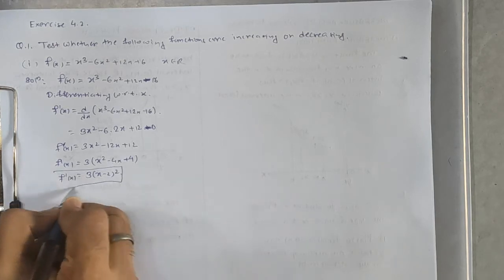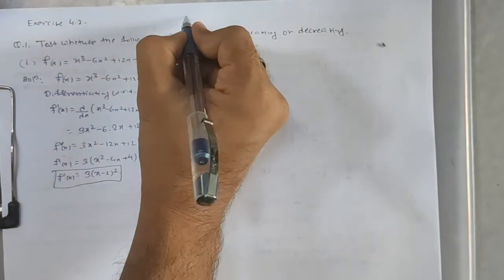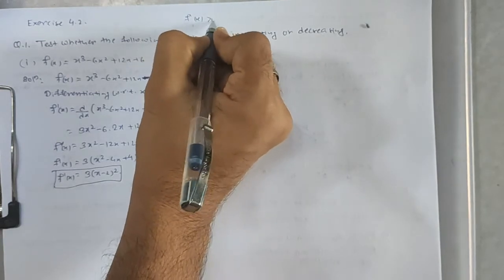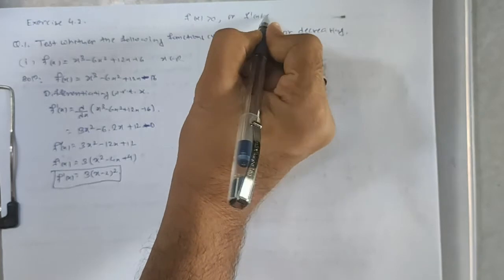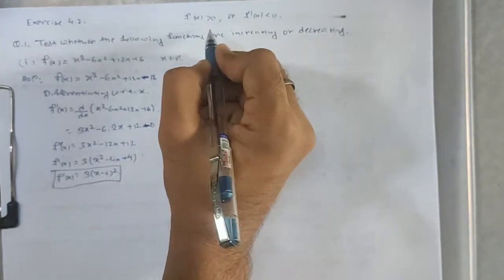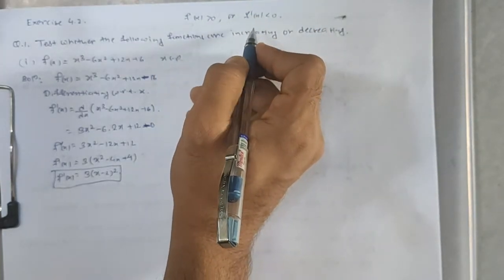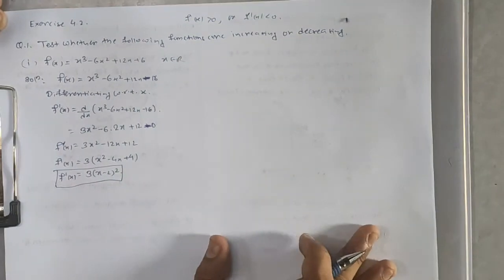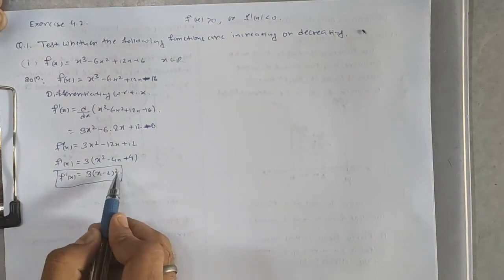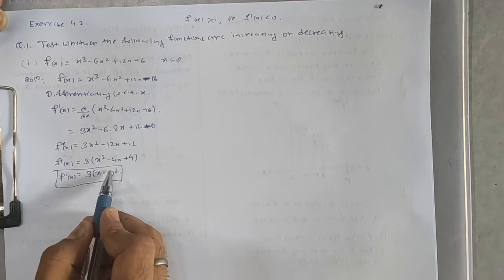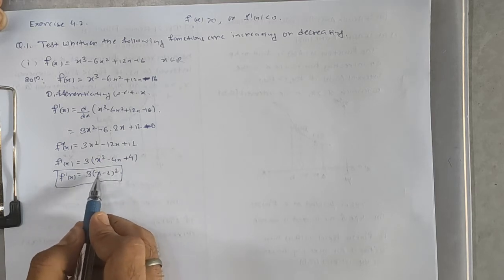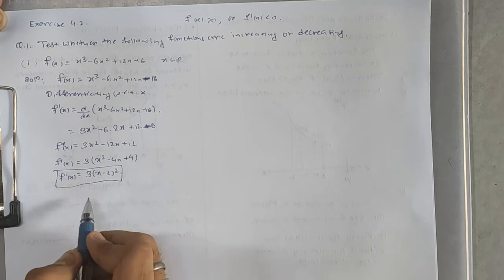Now we have to check whether f dash of x is greater than 0 or less than 0. From this we can say that it is either increasing or decreasing. So now we will see the term f dash of x. Here 3 is a positive real number and the value depends on x minus 2 the whole square.